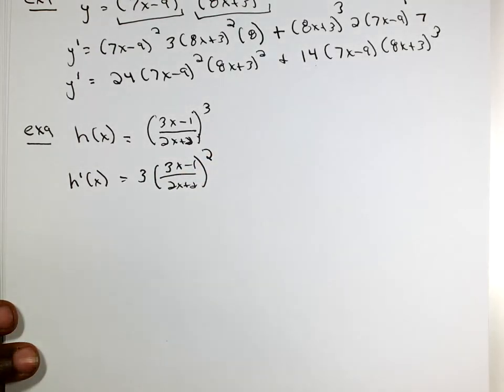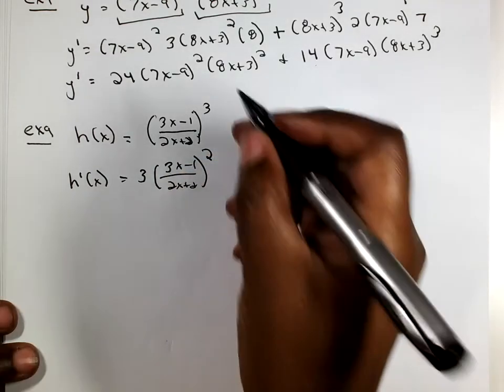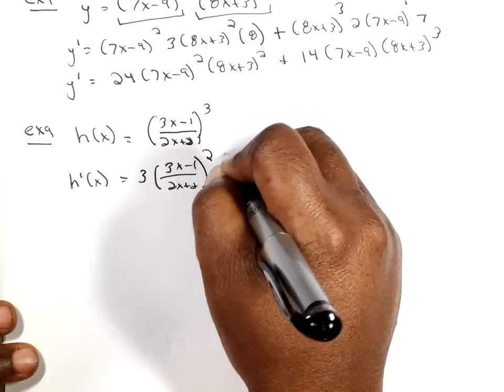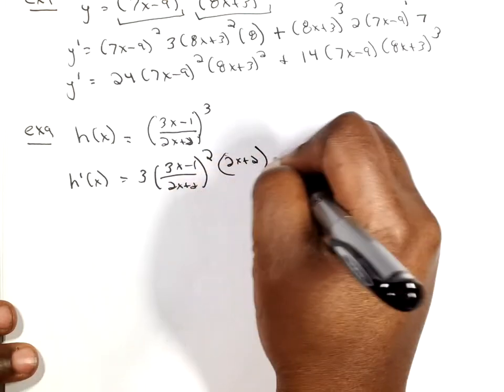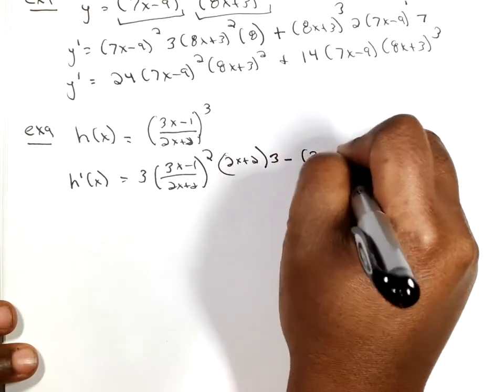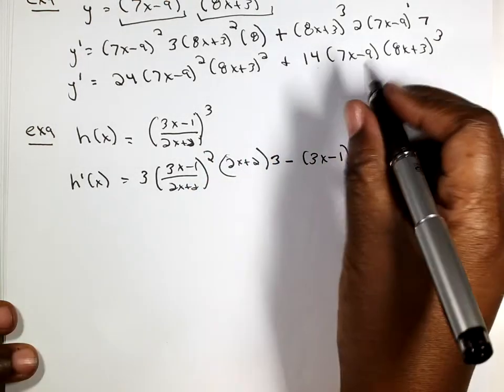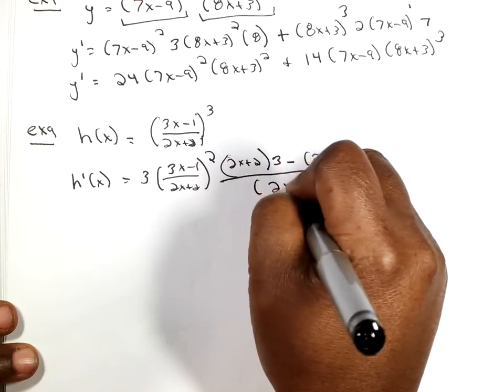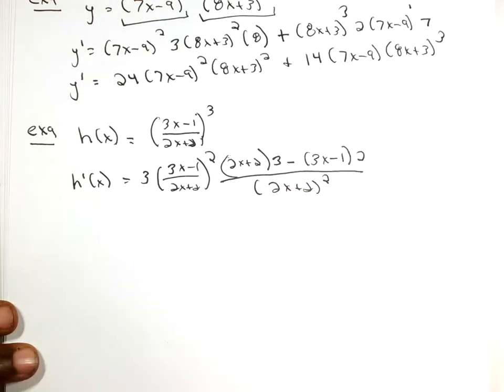And then the quotient rule. So we start with the denominator times the derivative of the numerator, which is just 3, minus the numerator times the derivative of the denominator, which is just 2, all over the denominator squared.